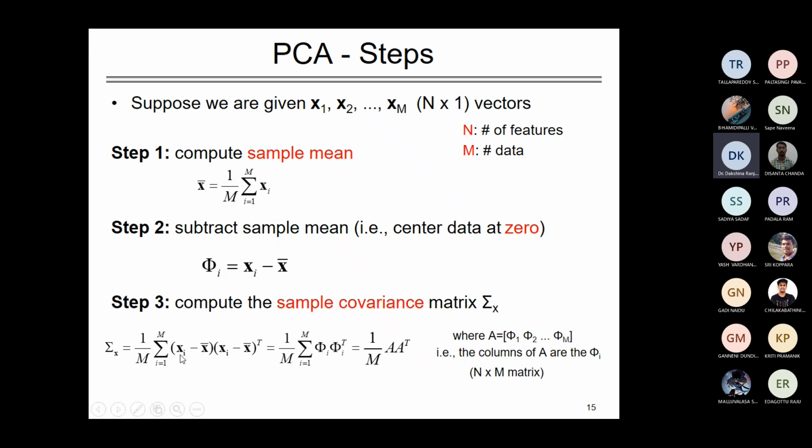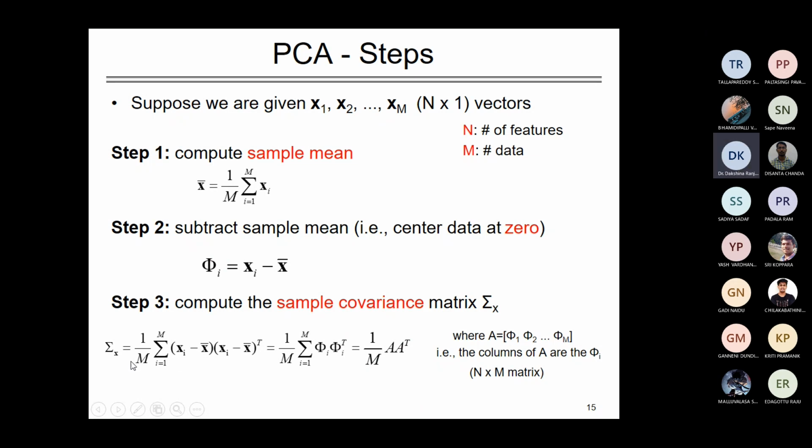In the third step we compute the sample covariance matrix sigma x, given by 1 by m summation over xi minus mean, multiplied with the transpose of this deviation, xi minus x bar.